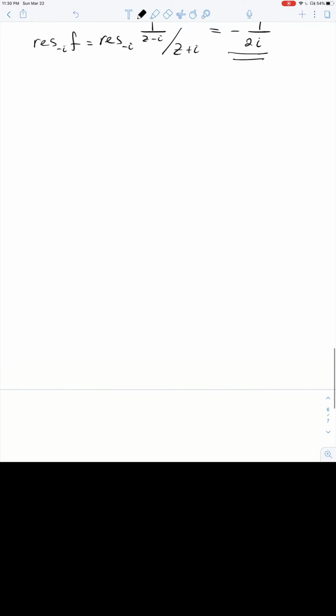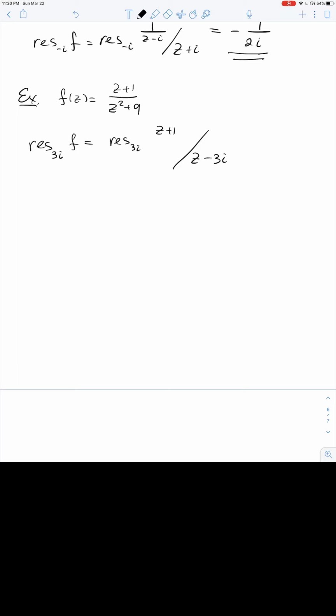Alright, so let's do one more example. Let's do f equal to z plus 1 divided by z squared plus 9. So let's do residue at 3i, for example. Obviously, plus or minus 3i are poles of f. So what do we have to separate? We have to separate z minus 3i.